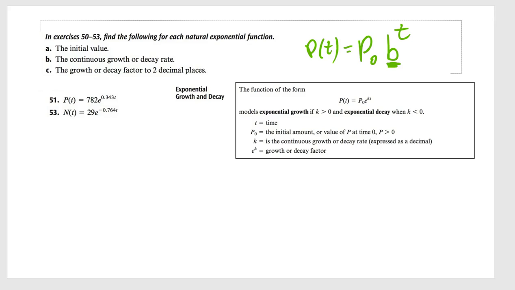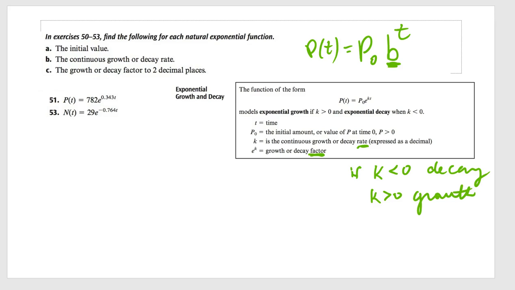So that is what we're going to call our growth or decay factor. k, the number in front of the t, is going to be the growth or decay rate. If k is negative, then it's going to be decay. If k is positive, it's going to be growth.